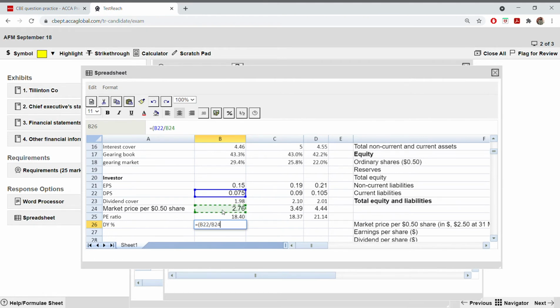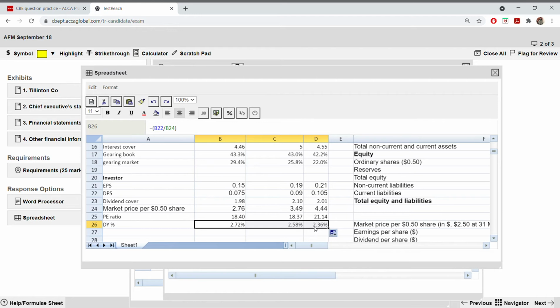Share price is this. Enter. Okay, and this as a percentage to two decimal places. Wherever percentages are required, write a percentage sign in front of it, so it is understood.